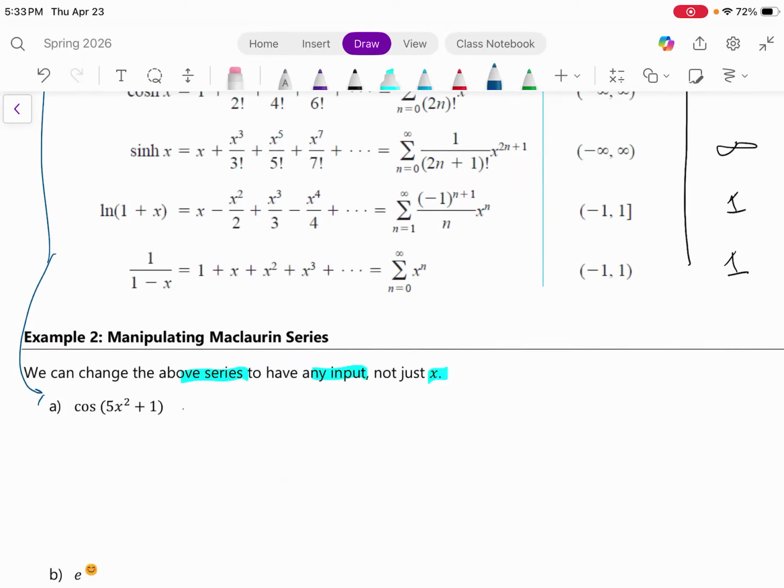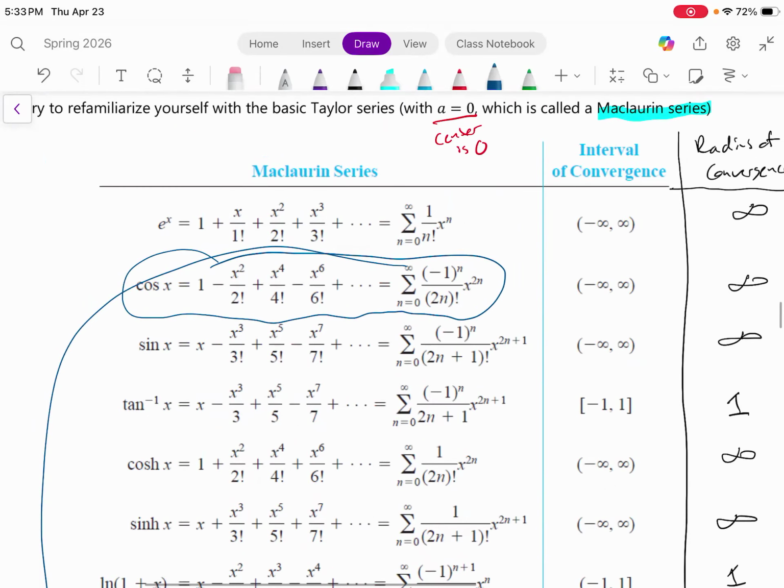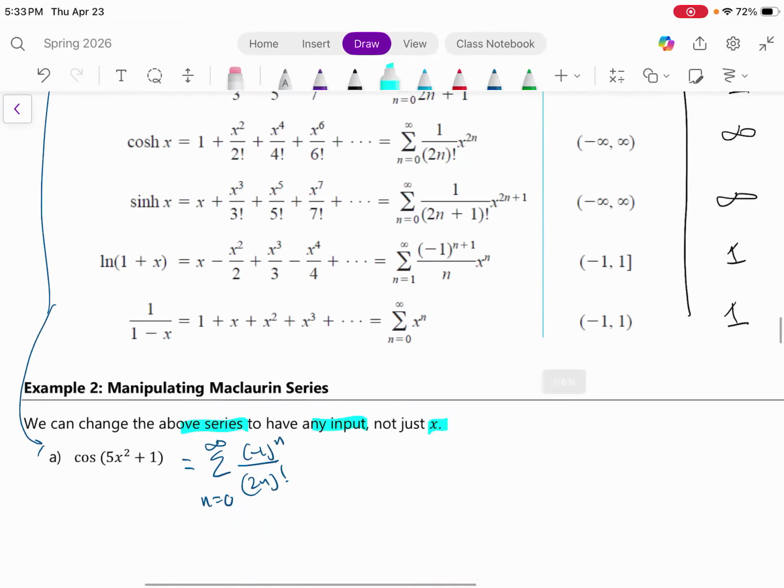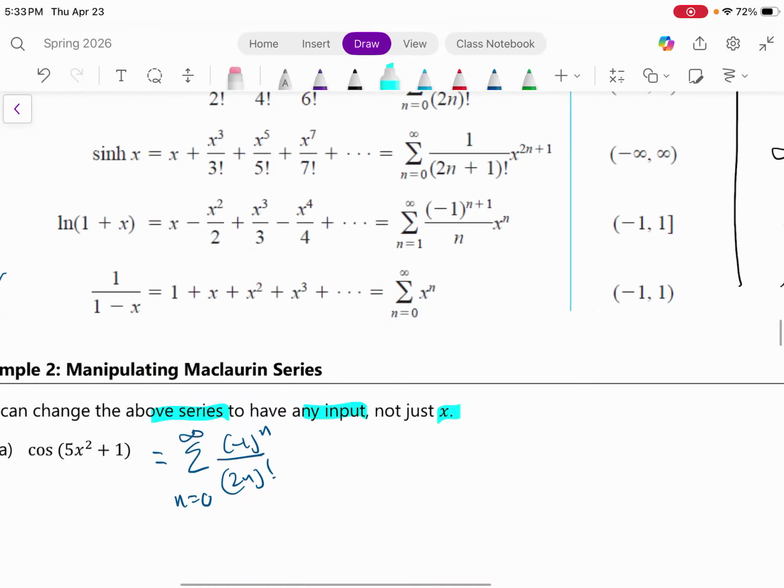So this could be the series n equals 0 to infinity, -1 to the n over 2n factorial, and I'm plugging in that 5x squared plus 1 for x. So this would be 5x squared plus 1 to the 2n.